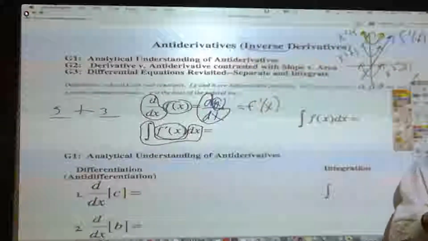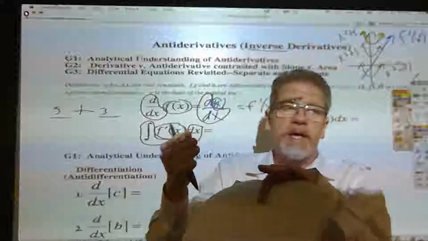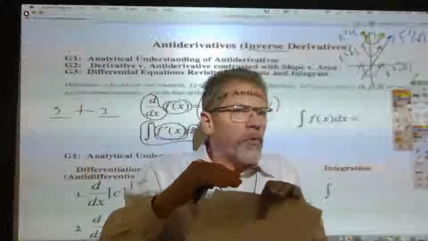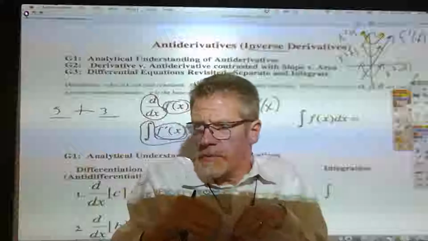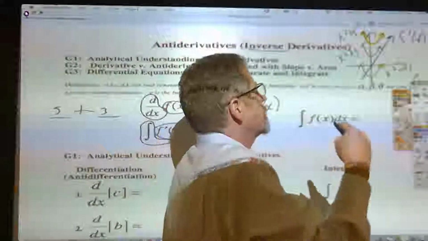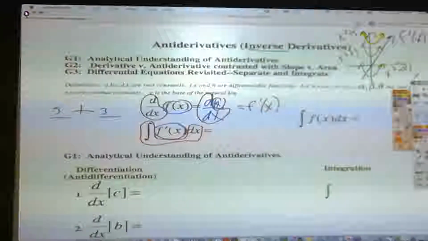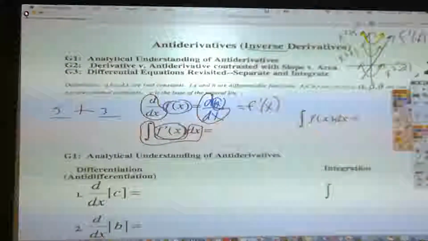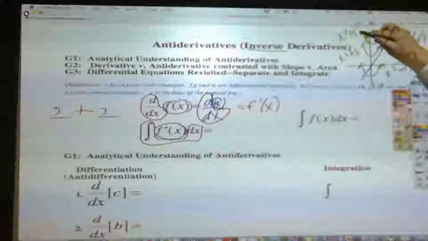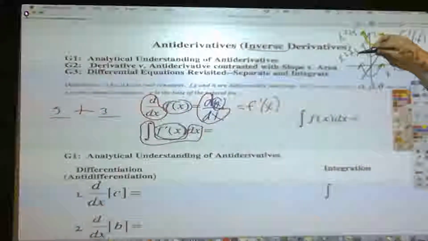So going forwards, by the way, is going from f to f prime, taking the derivative. But when we go backwards from f prime back to f, we're going to lose the vertical shift information. So the antiderivative of 2x is a family of curves. It's x squared plus 5, x squared plus 3, x squared minus 1.